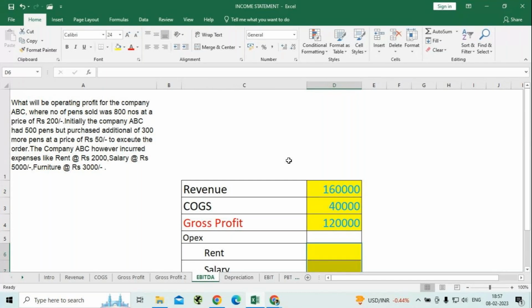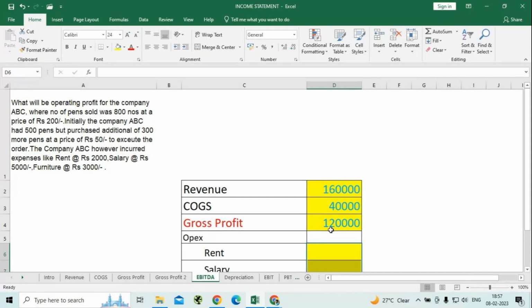So now, let me continue with the same transaction values and try to prepare the income statement out of this. With the previous transaction values we have done, we got to know the gross profit is 1,20,000.